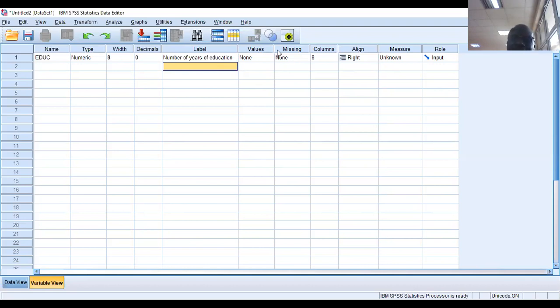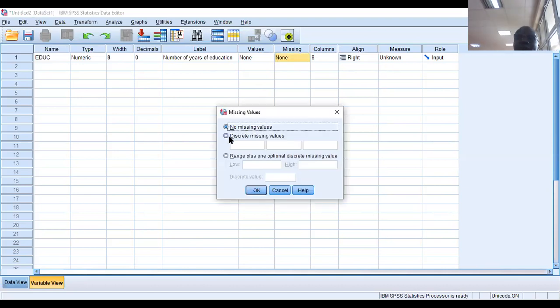Anytime I see a data set item without a response, I type a figure. I choose my own figure, you choose your own. The figure you choose should not have any chance of appearing in your data. So you can choose a figure like 9999.